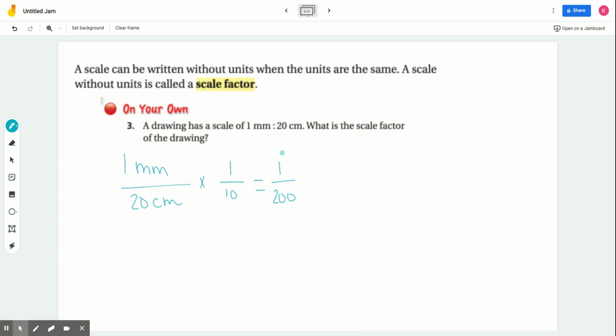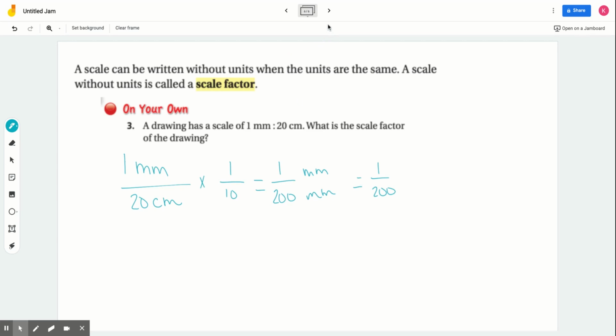So we have a scale factor of 1 to 200 here. Now this would both be millimeters, but since they're both the same, we don't need a label. So 1 to 200. So for every 1 millimeter of the drawing, it would be 200 millimeters in real life.